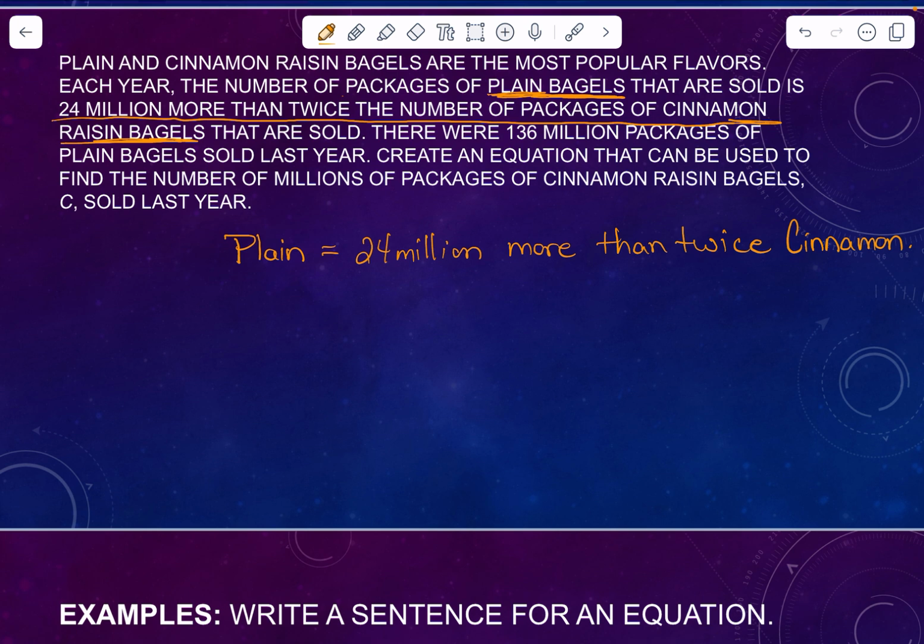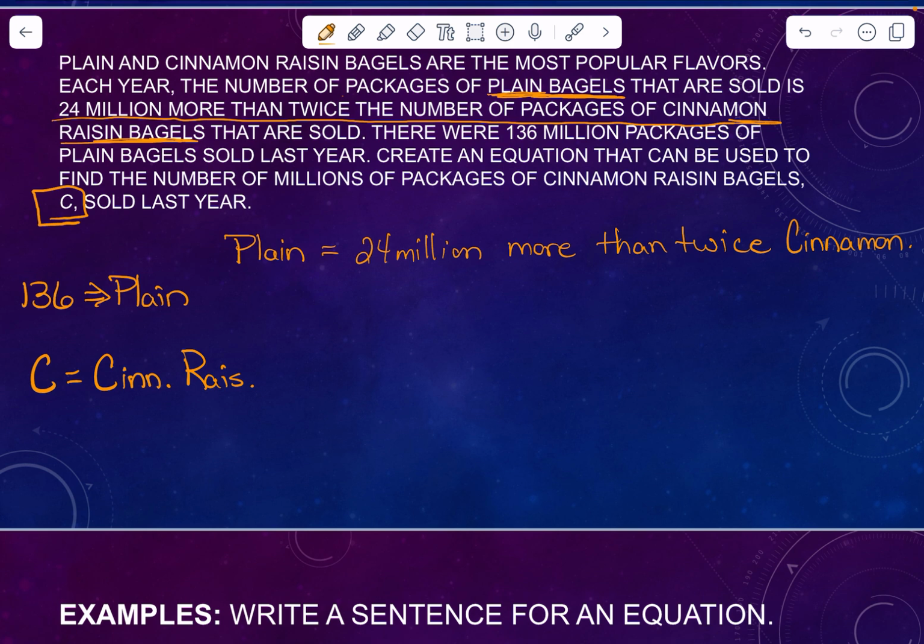Now, next thing we know, there were 136 million packages of plain. So 136 plain ones sold. Create an equation that can be used to find the number of millions of packages of cinnamon raisin. So what we're going to do is we're going to let C equal the cinnamon raisin ones. Okay, so let's translate this in then.